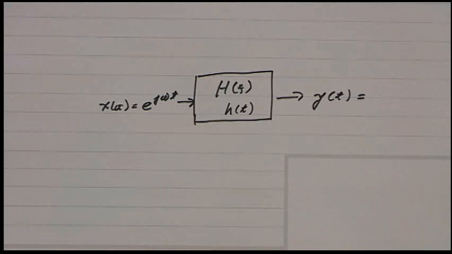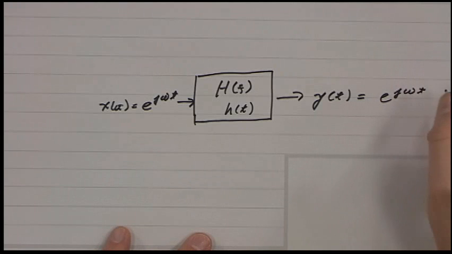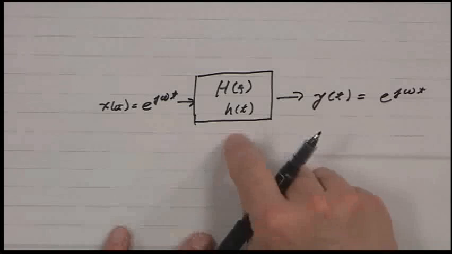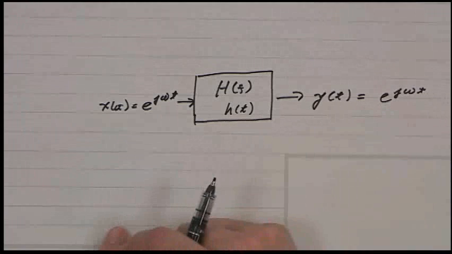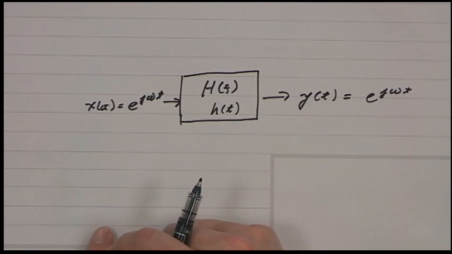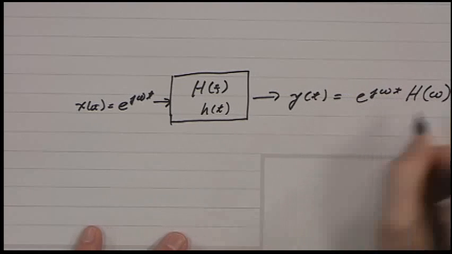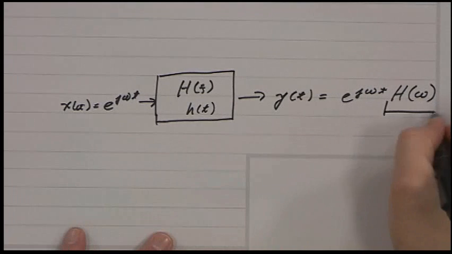E to the j omega t convolved with h. It's going to be e to the j omega t times what? Convolved with h, that's true, h of t, right? But there's a simpler form. It gets multiplied by H of omega in frequency. Times H of omega, right?